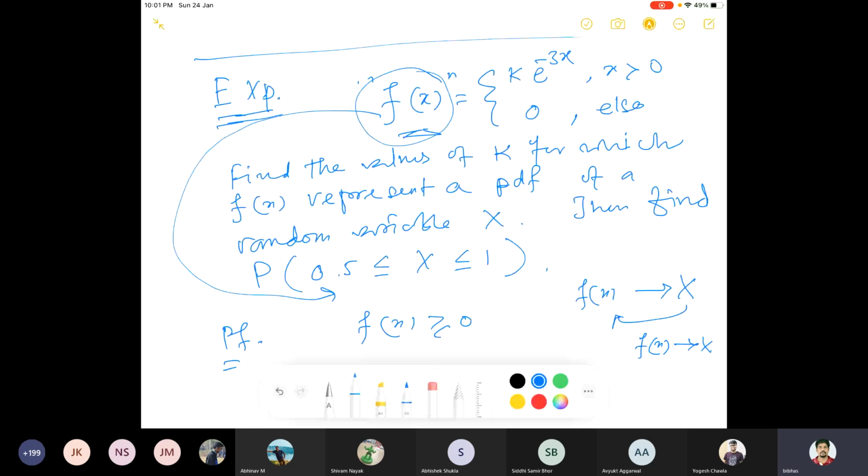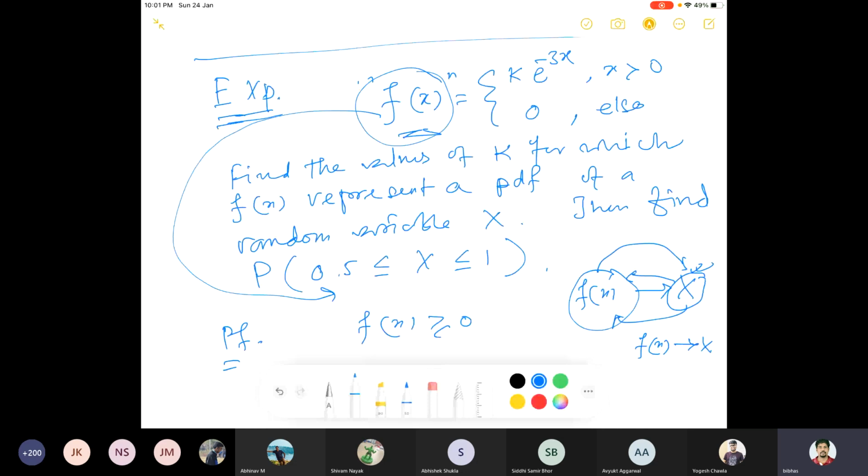Now your question is the reverse. Given a random variable, whether it can have two CDFs or not, I would say no. In fact, I would go further and say this question is not important at all, because we are not defining fx from x. We are defining fx to x. Why not?